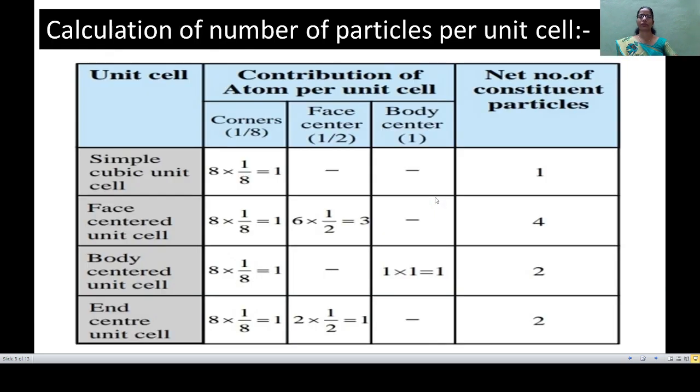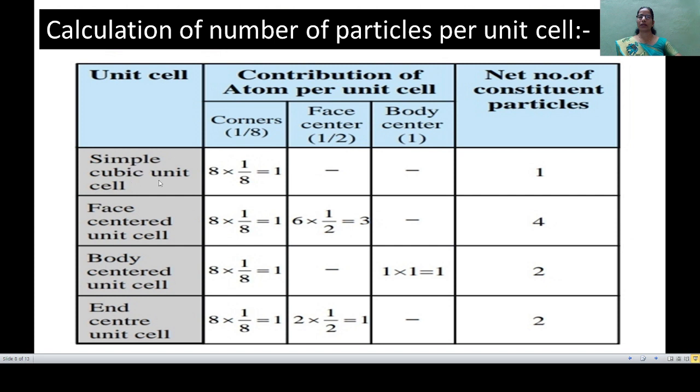Now, with the help of this table, you can easily calculate the number of particles per unit cell. For that purpose, you have to determine the contribution of atom per unit cell, and by adding the contribution of each atom present at the corners, face center or body center, you can easily calculate the number of constituent particles in the unit cell.